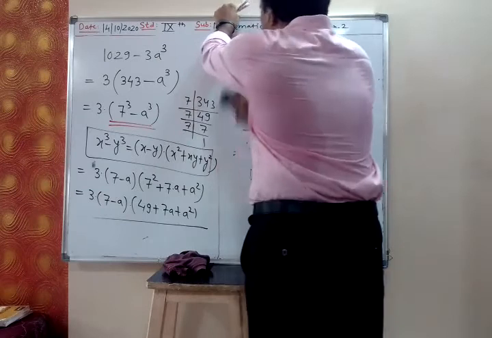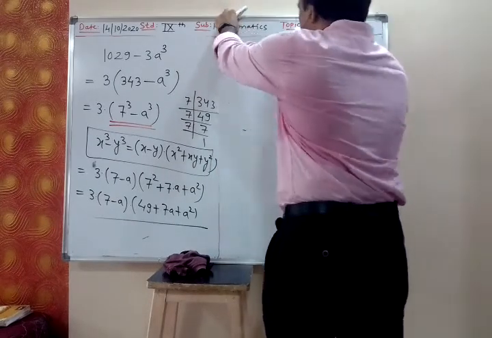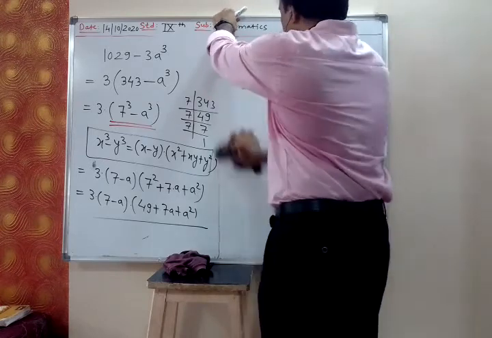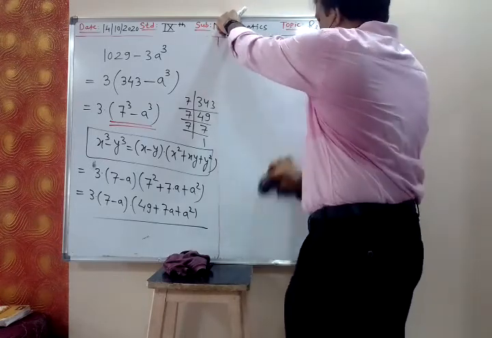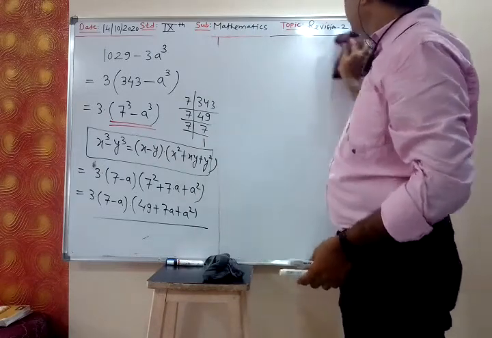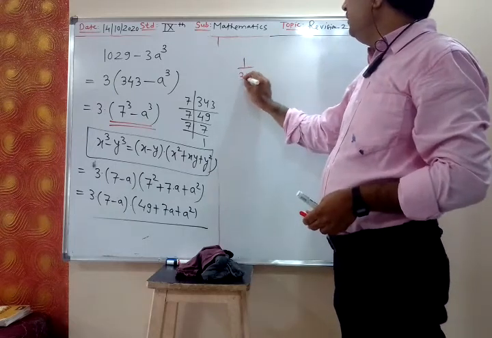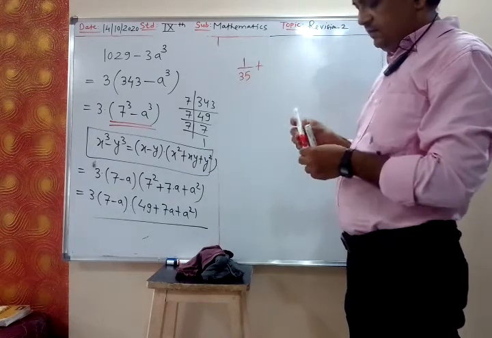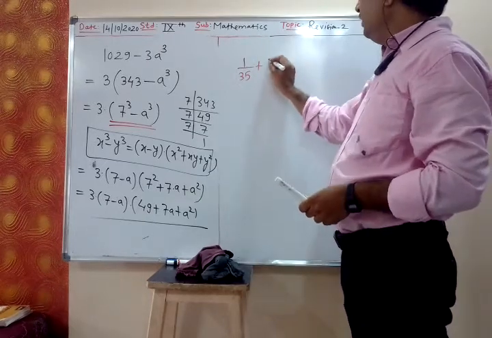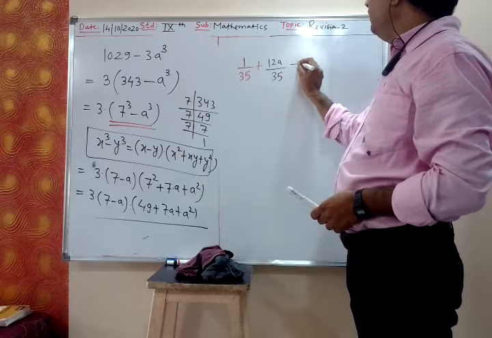What is that sum? You tell me. 1 upon 35 plus 12a upon 35 plus a square.